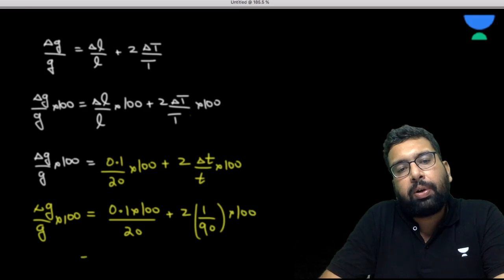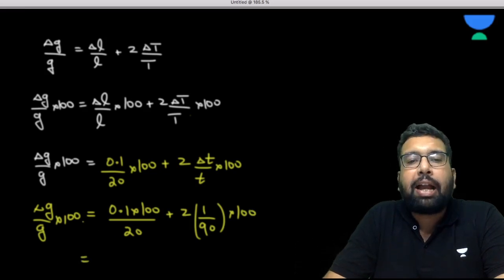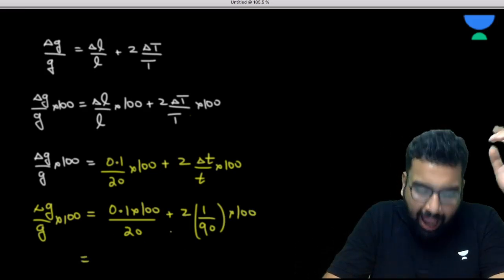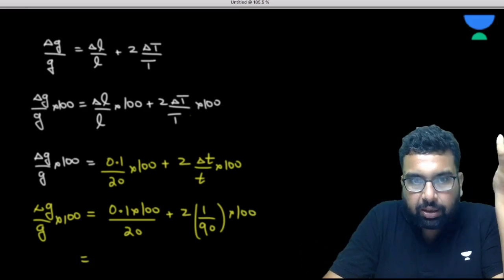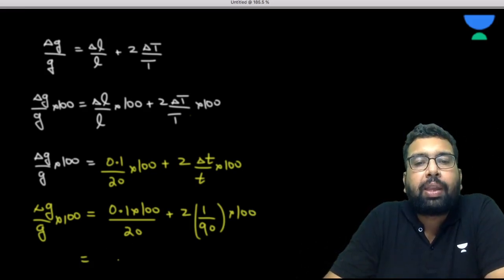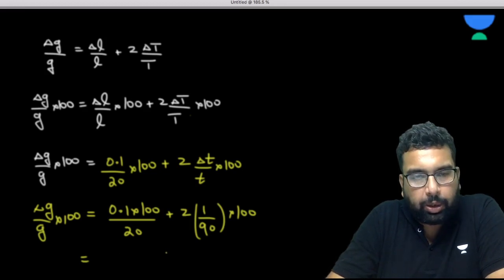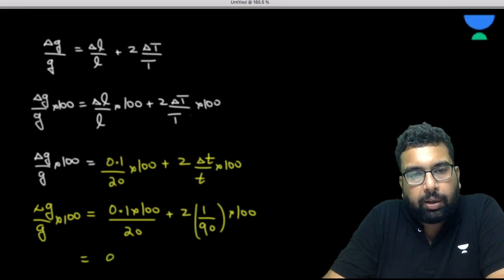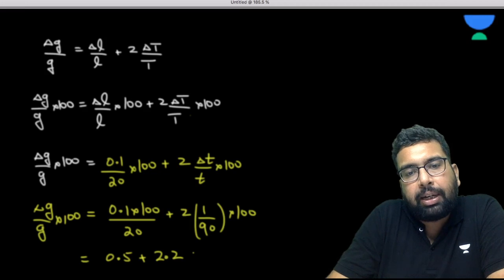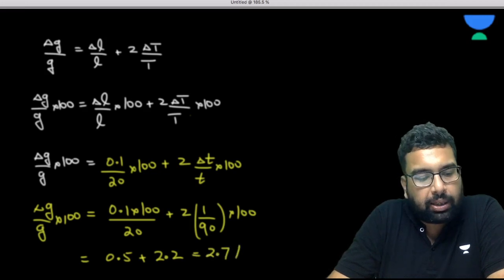Don't divide 100 into it, because we wanted to have the answer in percentage. So this is obviously becoming 0.5. And this is going to be 10 by 9, that is 0.9, so it is going to be 2.22. So from here this is 0.5 and this is 2.22. So we are ultimately getting somewhere near 2.7%.